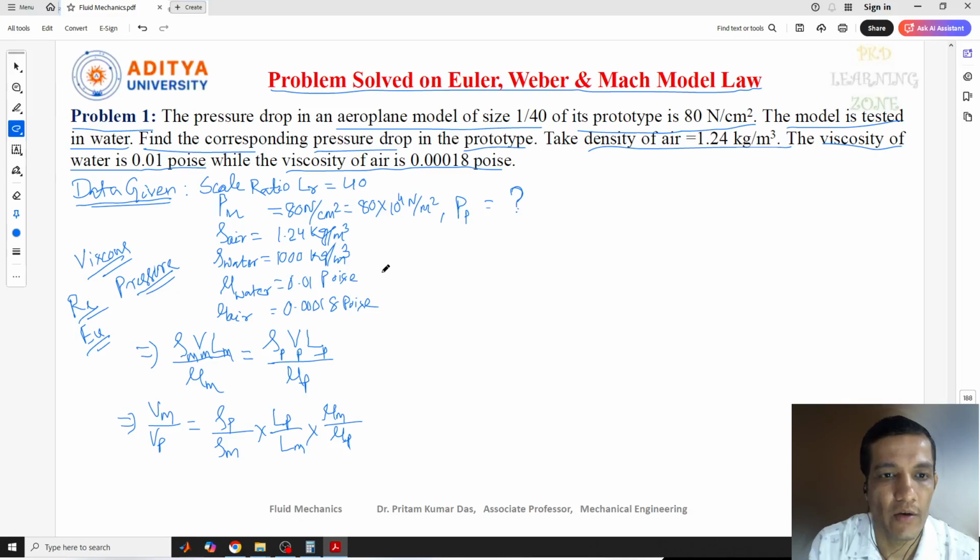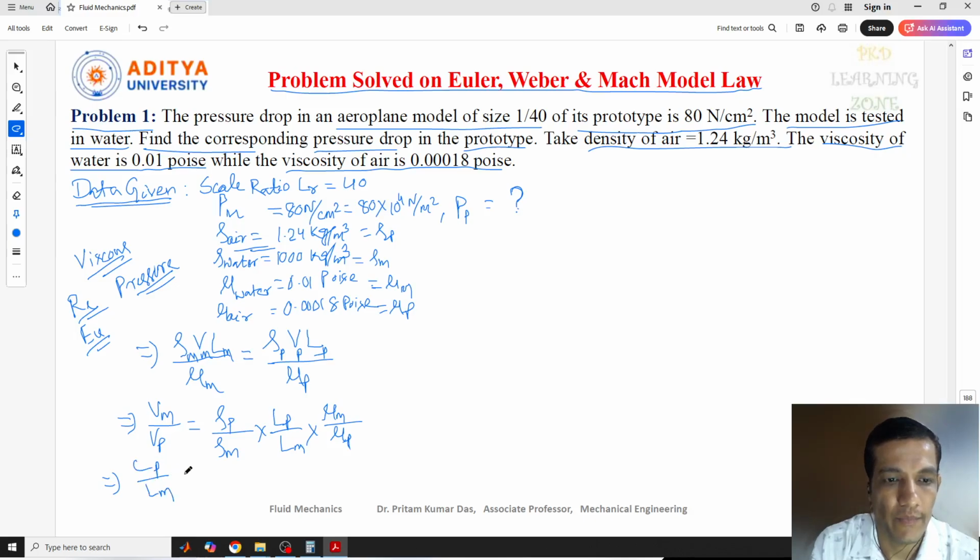What data are given? Rho p is 1.24, the prototype being air, and rho m is for water, because in the model we are using water and for the prototype air. Similarly, this is mu m and this is mu p. Just put these values in this equation.